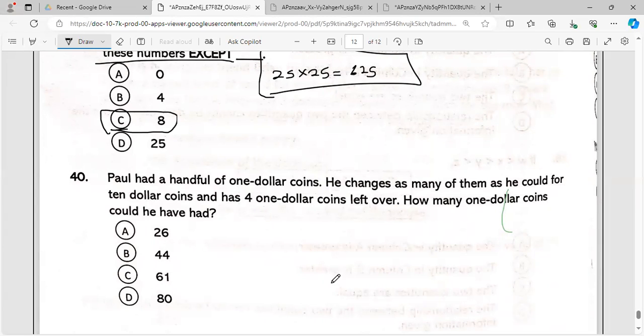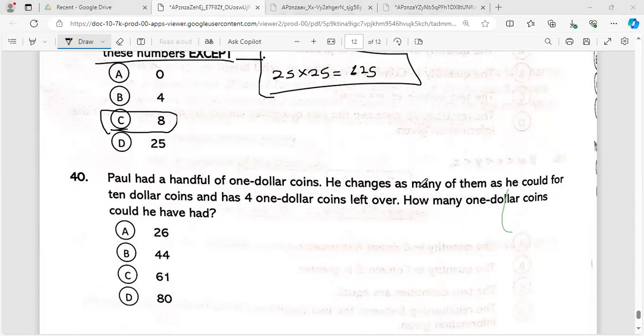I think the answer is... Sir, can I do it? Yeah, let her do it. Sir, can I explain after her? No, we're going to go to the next people.